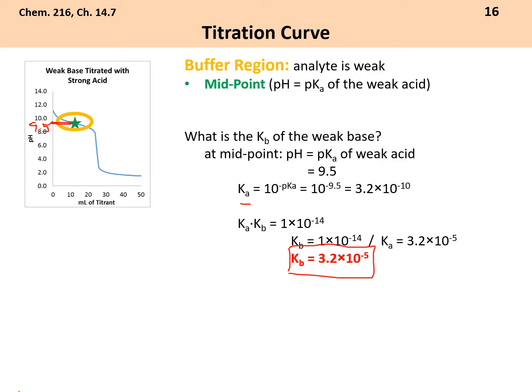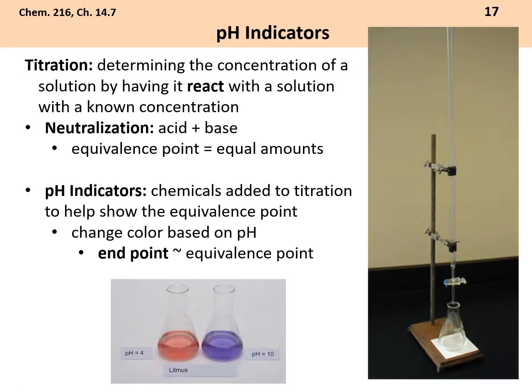Okay, so that is it for the main part of the titrations. I want to talk a little bit about another important part of titrations, and that is indicators. Titration is all about having an acid, adding a base, and so we're looking at a pH change. We can use pH indicators, which are chemicals added to the titration, to help show that equivalence point.